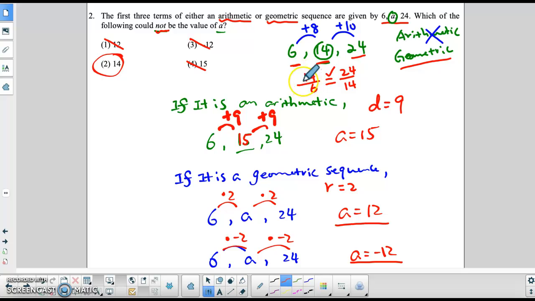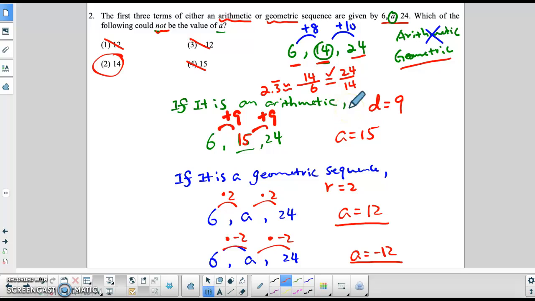However, if you enter 14 divided by 6, since it's a fraction, into your calculator, that gives you about 2.3, right?